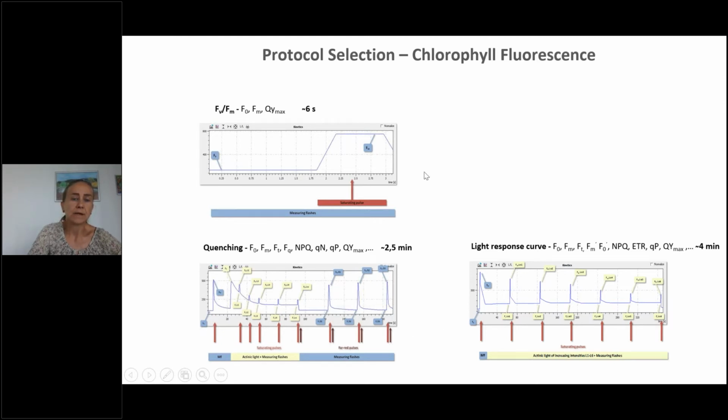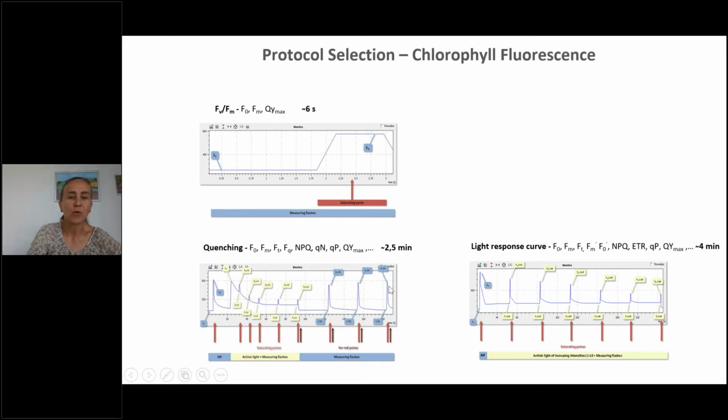So here I mentioned three typical types of protocols that are mostly used. The FV over FM, which is a very simple protocol, fairly fast to measure. The quenching protocol that was nicely introduced here, where we can measure the relaxation or quenching of the fluorescence in the light, reaching the light adapted state, and then the relaxation in the dark adapted state.